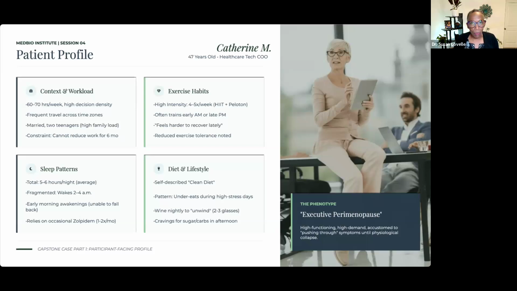Like many of us, sleep wise, 5 to 6 hours is her average. Sometimes she gets a little bit more, 6 to 7, but that's unusual. And not unusual is maybe even less. And especially now, as I mentioned, she has this IPO coming up. She's sleeping as little as possible so that she can get what she feels to be the adequate amount of work being done. The problem with that, though, is she never feels really rested. So sometimes it's because she's waking up 2 to 4 o'clock in the morning, which is very common.